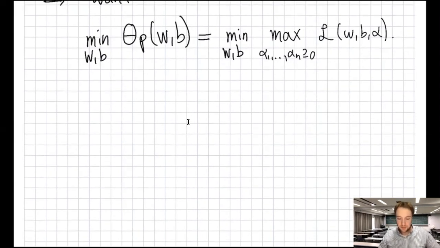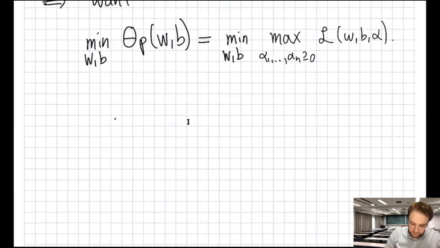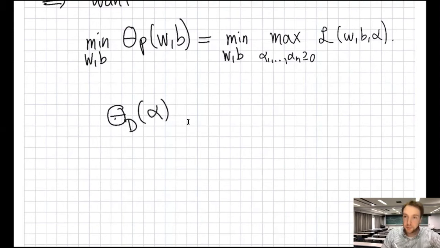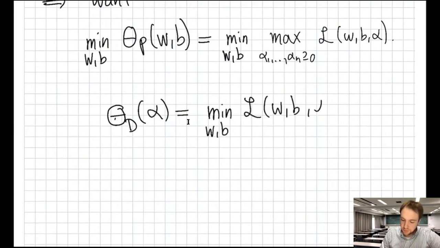So what we will define is theta d for the dual problem. And now this will be a function of alpha. And this will be given by the minimum over all w and b of this Lagrangian.